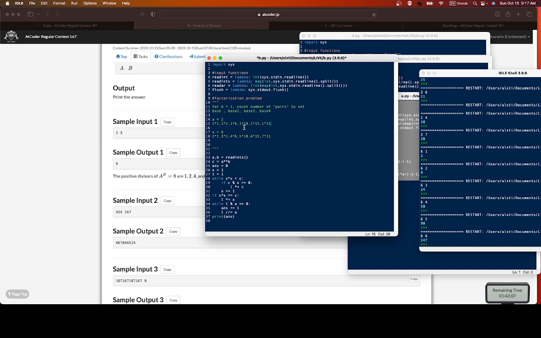Okay, then what about 4? Let's try 4. 4 is a bit of a weird number.